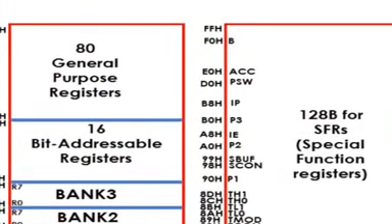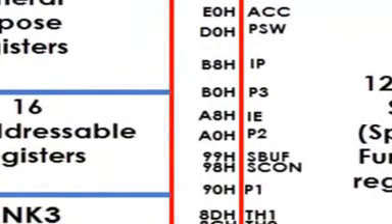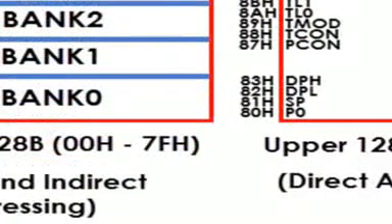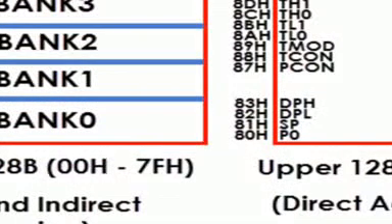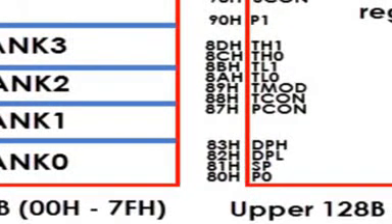As I said before, the accumulator is at E0H, and B is at F0, and ports start from 80. See, at 80 I have port 0, then after that 81, 82, 83, 84, 85, 86, in that way you keep having the addresses, whereas at 80 you have port 0, at 81 you have the stack pointer, 82 DPL, data pointer lower byte, whereas at 83H you have data pointer higher byte, in that way.